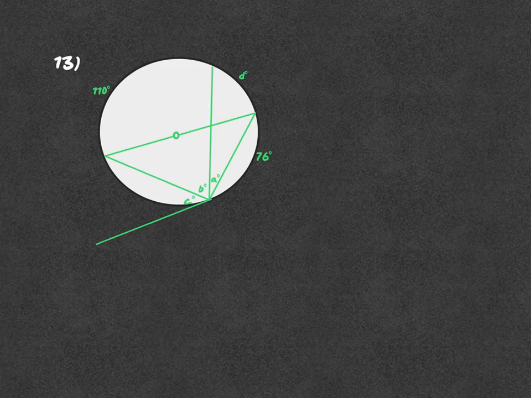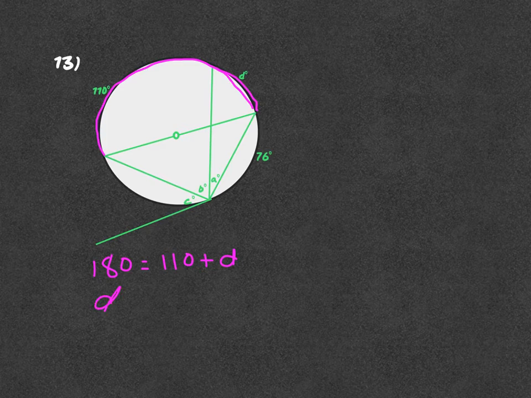And for this last example, this one might be a little bit trickier. I'm actually going to start out by finding d, because d is this intercepted arc that is connected with this entire 180. So I know that if 180 is going to equal 110 plus the d, so subtract the 110, and d will equal 70.